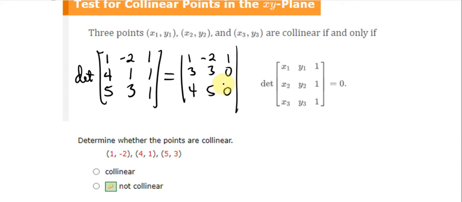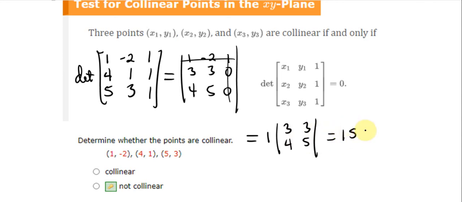So now I'm going to use the cofactor expansion along the third column. So the determinant we end up with is the 1 times delete this row and column, 3, 3, 4, 5. So this is 15 minus 12.